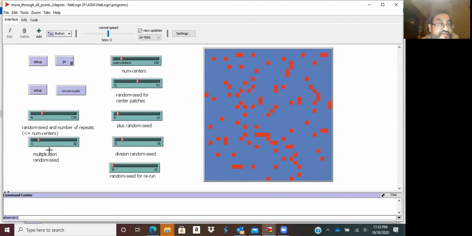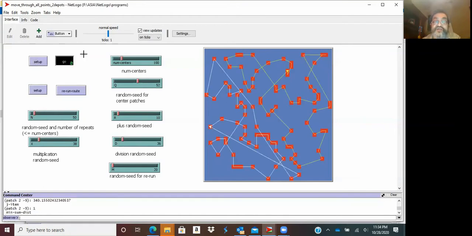Let's try how many times. Let's save some time. Let's try 50 times, to reduce time. I just demonstrate how we go about this. Okay, let it go and start running.